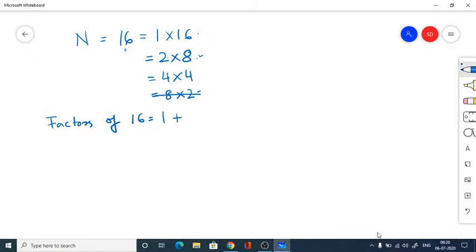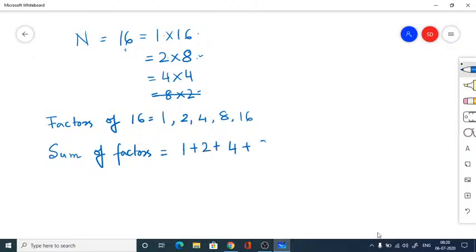1, 2, 4, 8 and 16. These are the factors of 16. Now let us find the sum of the factors. Let us add 1 plus 2 plus 4 plus 8 plus 16.